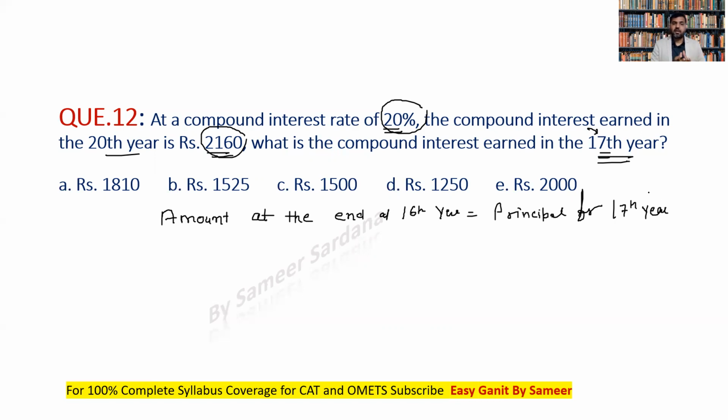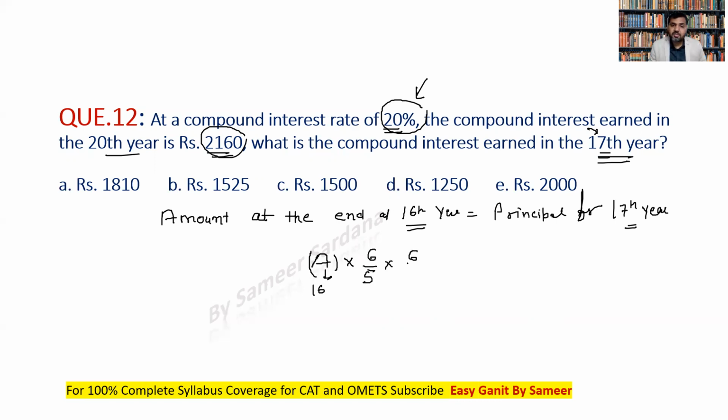So basically, the first year amount will act as the principal for the second year, the second year amount will act as the principal for the third year, and so on. So if I want to calculate the interest in the 17th year, I need to find out the amount at the end of the 16th year. Let's say the amount at the end of the 16th year is A. Now this amount at a rate of 20% will become 6 by 5 of A at the end of the 17th year.